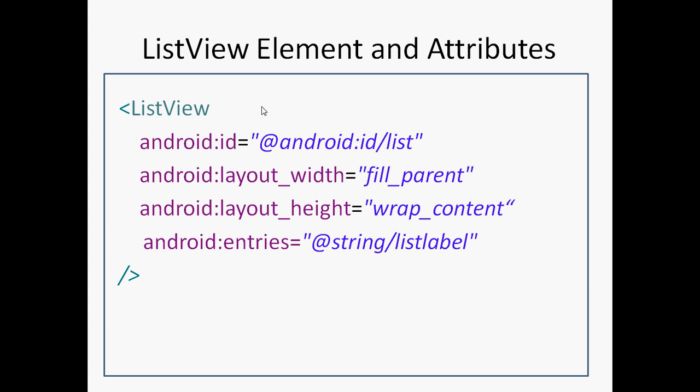In that case you need to get the values of those entries from the strings.xml file. You already know that the strings.xml file resides in the values folder, and it holds key-value pairs of the string data type. These entries you are going to provide as default entries of your list view.